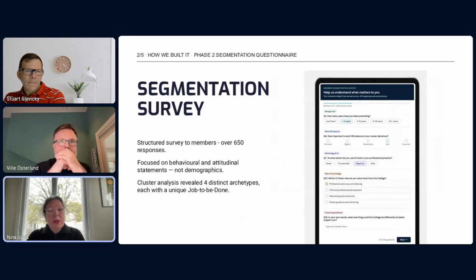And when the data was collected and the data set was ready, we analyzed it using statistical methods, and our cluster analysis revealed 4 distinct groups of members. Each of them had a different relationship with the college, different expectations, and critically a different job to be done.